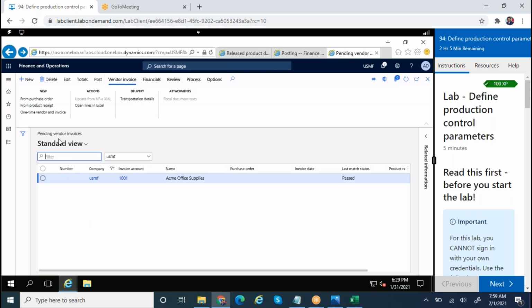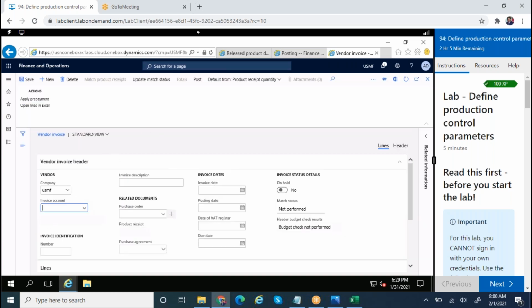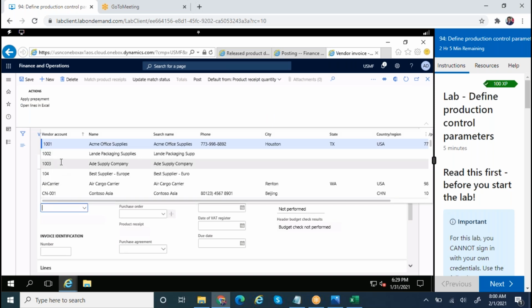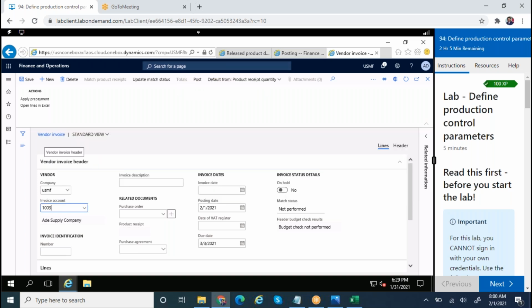Pending vendor invoice form, click new, select the vendor account. Okay, and then select non-stocked product.